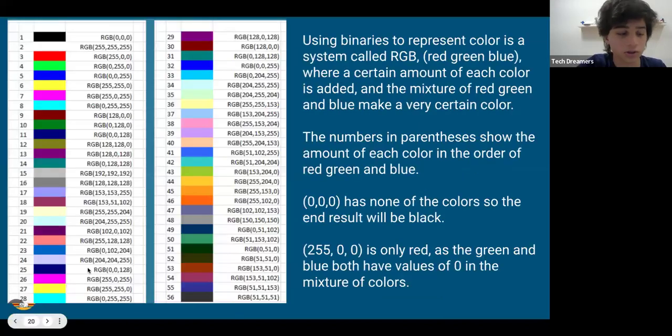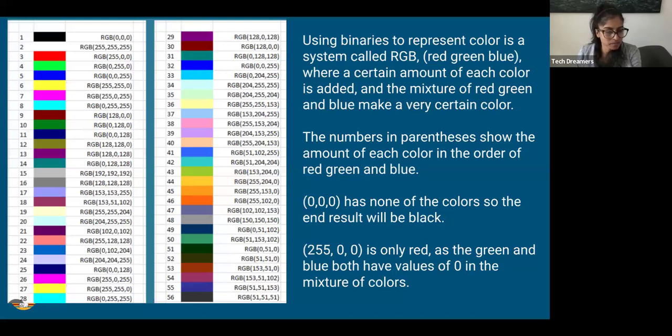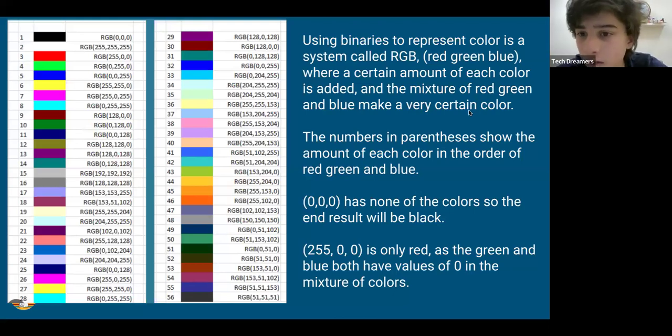So yes, the next chart shows 255. Julian, can you read the last chat and see if that's correct, what Chukwuji is saying? Yes, what it's trying to say is that we are mixing colors, red, green, and blue. Exactly, so it's a system called RGB.